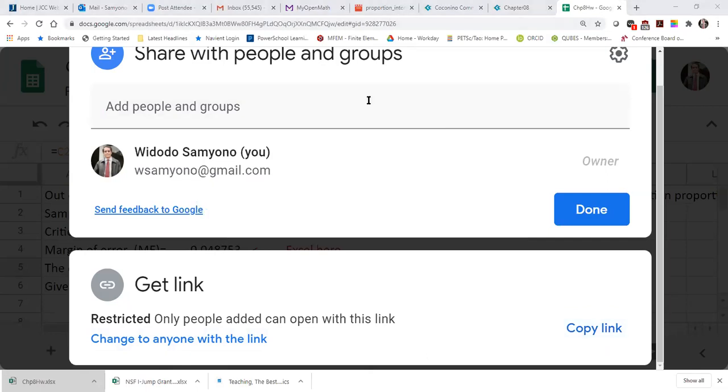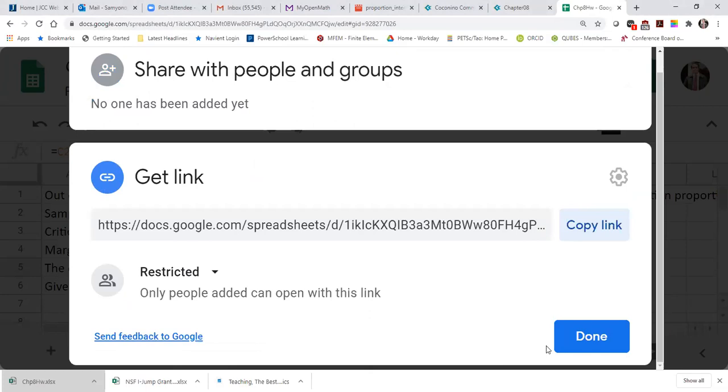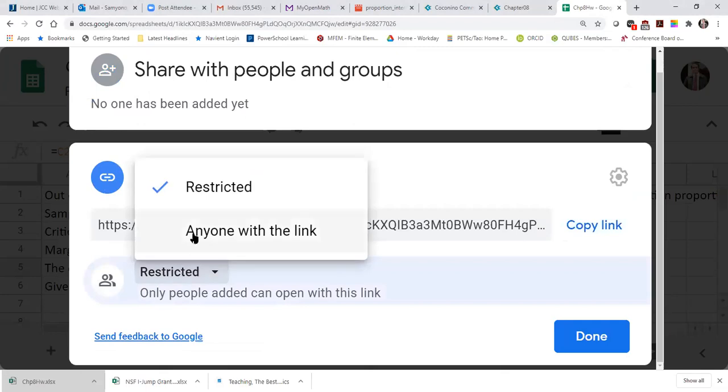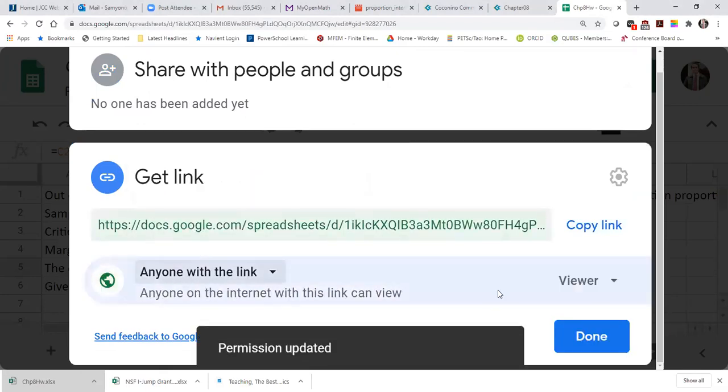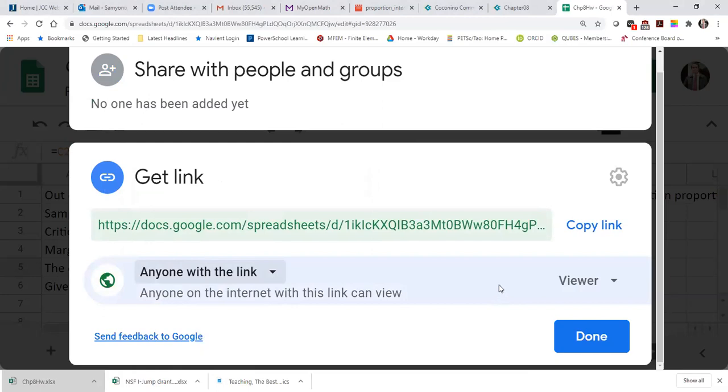Only people can edit, I think I need to change the setting. If you want to change this, I think you need to copy it, and then you can change it.